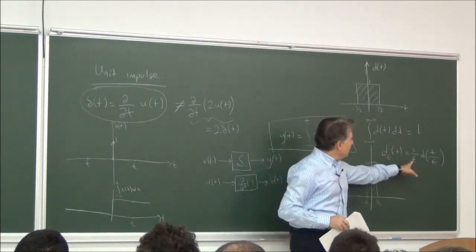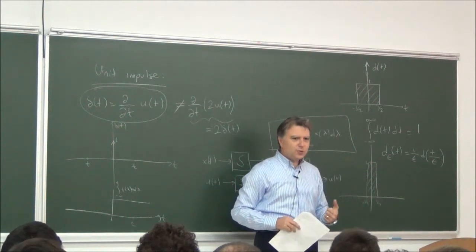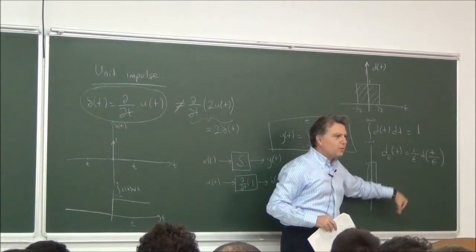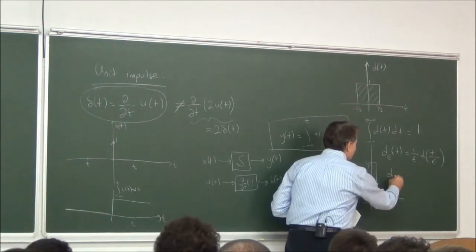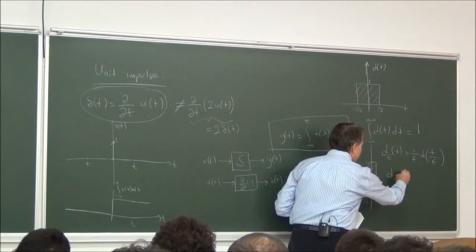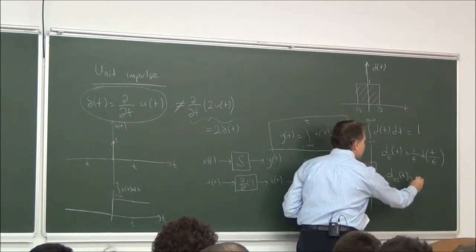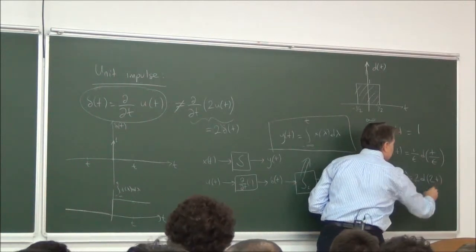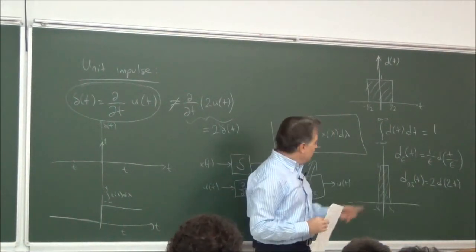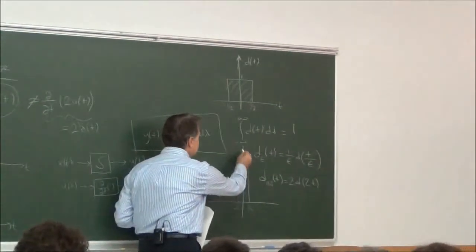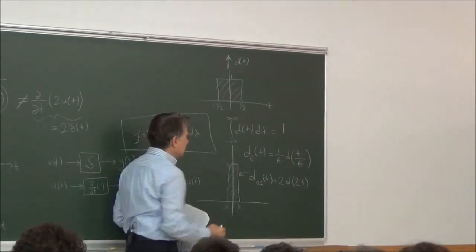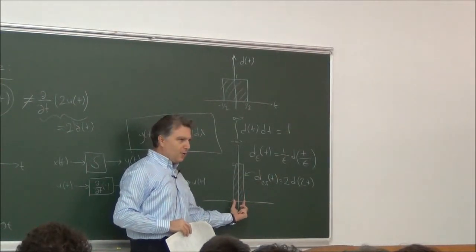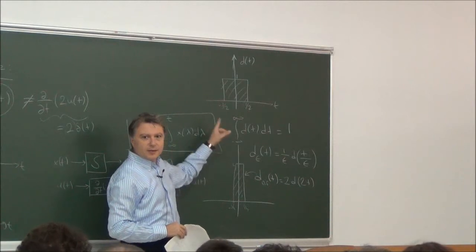For example, if epsilon is 0.5 or 1 over 2, then 1 over epsilon is 1 over 0.5, which is 2. So what is d of 0.5 t? It's equal to 2 times d of 2t, which is this. So this function is, in fact, d 0.5 of t. It is half as narrow and twice as high as the original one.